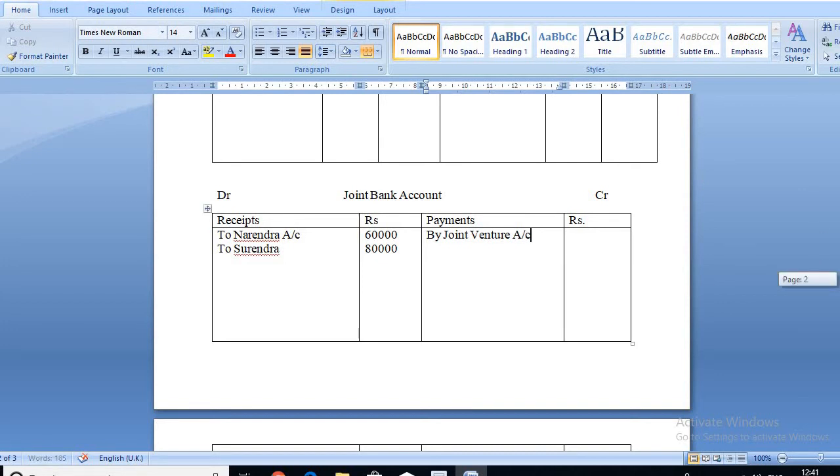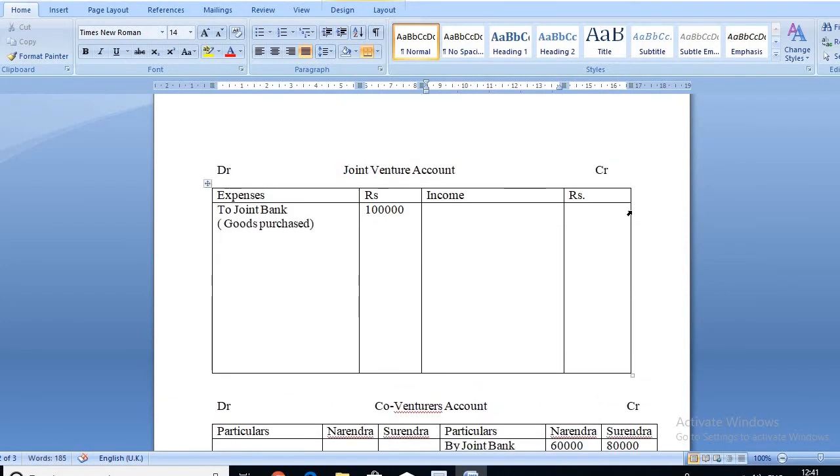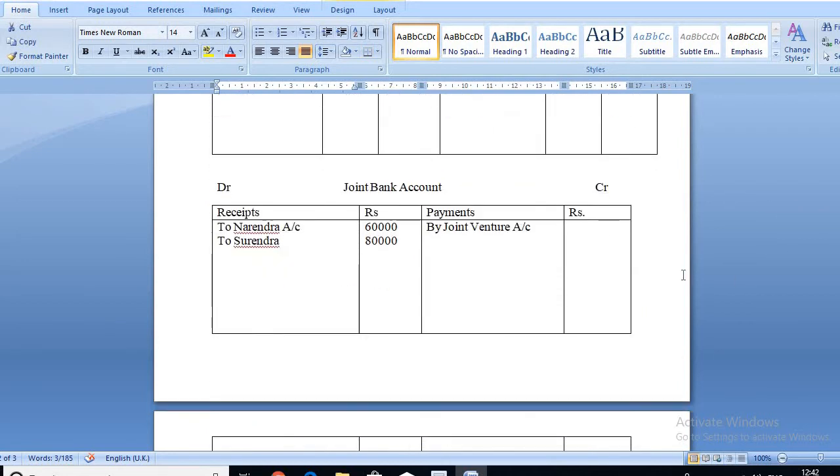Once again I'm repeating. They purchased goods for rupees 1 lakh. It's an expense. The expense should be recorded in joint venture account. And who paid this 1 lakh rupees? This 1 lakh rupees is paid by joint bank. So the debit aspect is recorded. Now come to joint bank account, because here joint bank is debited. In joint bank account, we have to record in opposite direction.